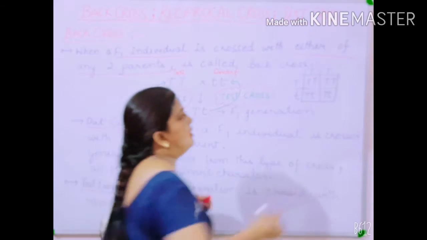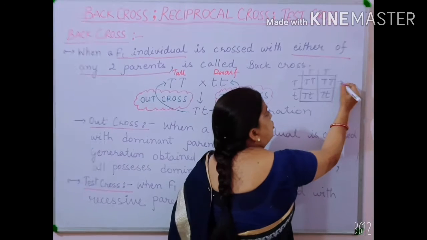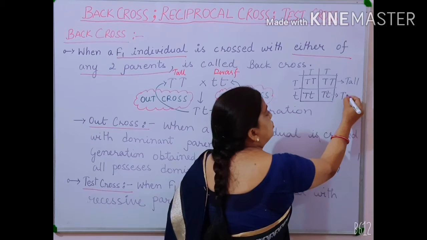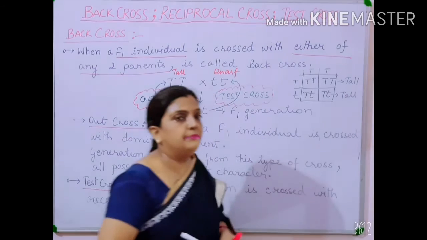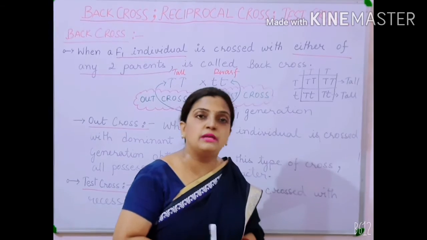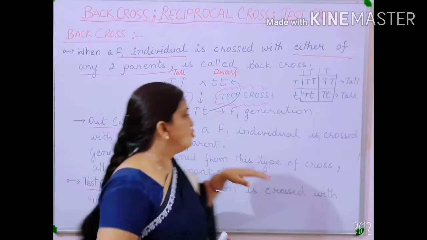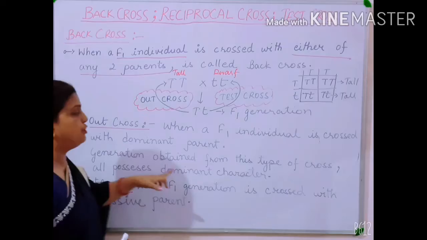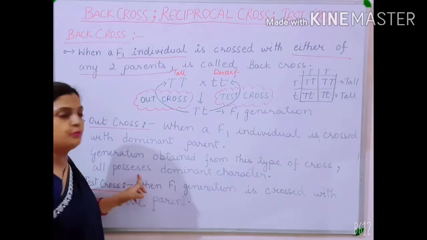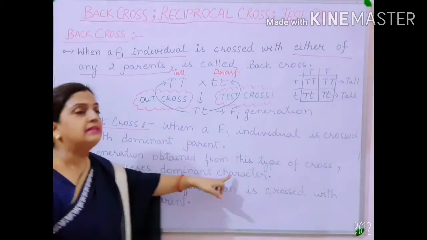So what are we getting? Capital T belongs to tall, and capital T small t also belongs to tall. I am not talking here about pure variety and hybrid variety; I am talking about the character tallness. So what did I say? The generation obtained from this type of cross, all the progeny, will have the dominant character.